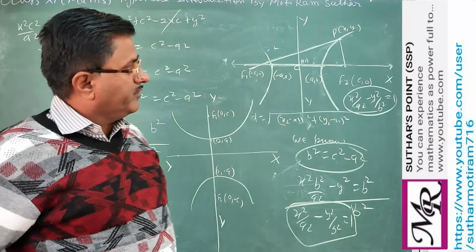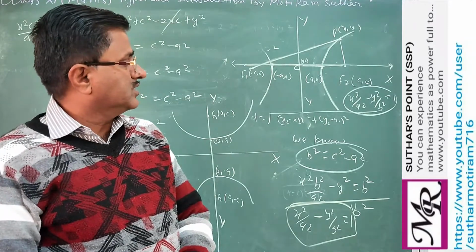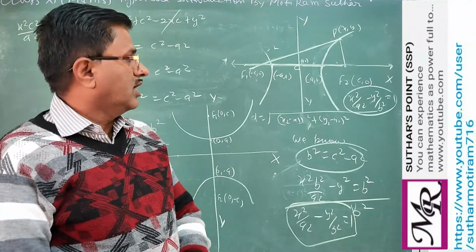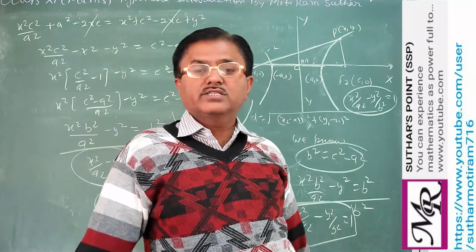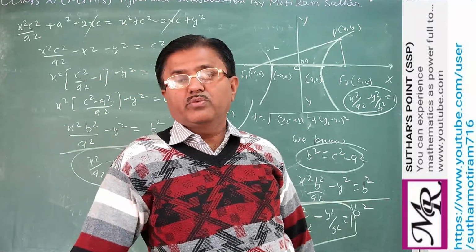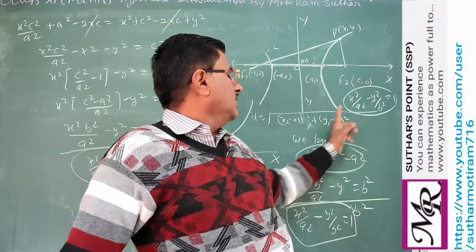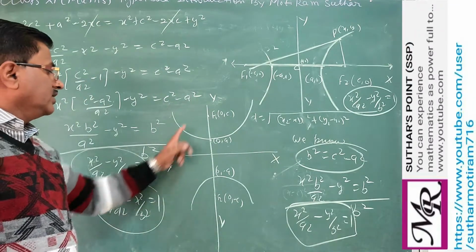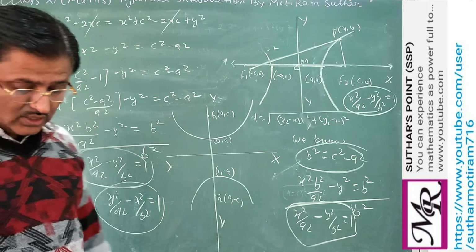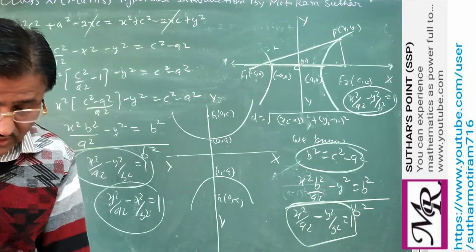So this is how to identify which type of hyperbola a formula represents. The positive term determines the axis of the hyperbola. If x square is positive, it will be the x-axis, and if the positive term contains y square, then it will be y. Clear? So dear student, these types of hyperbola are the standard.